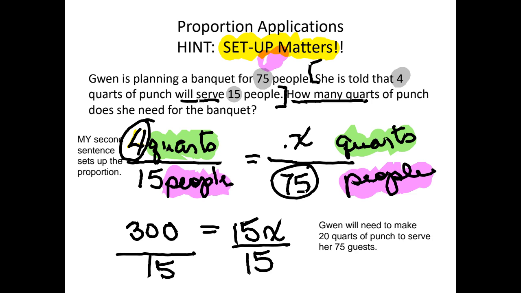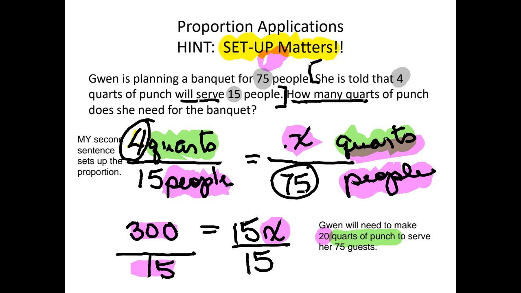We are interpreting. 300 divided by 15 is where I got the 20. 300 divided by 15 was the 20. That is my x. And what does the x represent? The x represents quarts of punch. Okay.